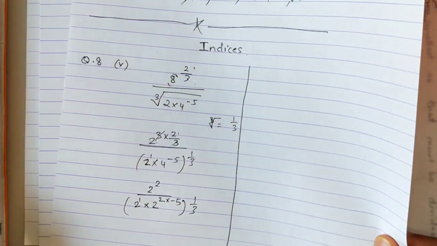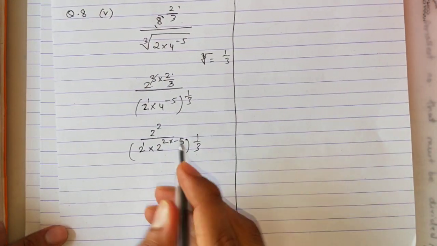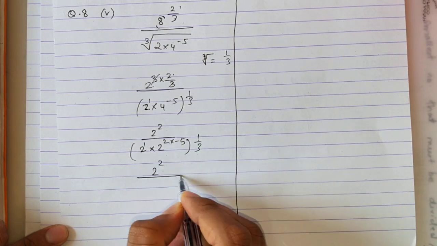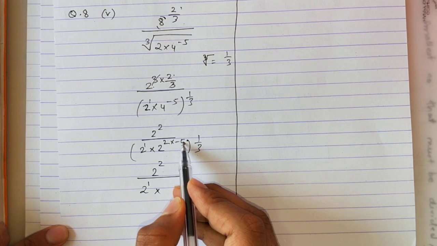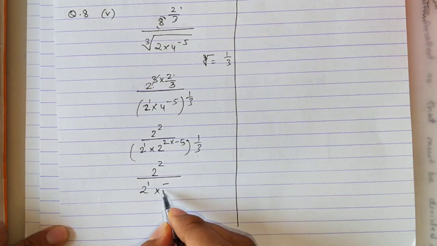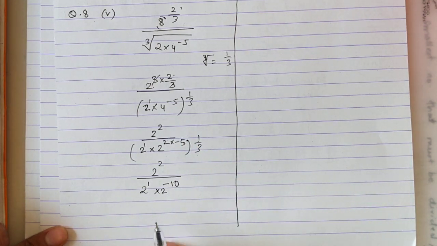Then 2 raised to 2 upon this is 2 raised to 1 into 2 into minus 5. 2 into minus 5 is minus 2 raised to minus 10.